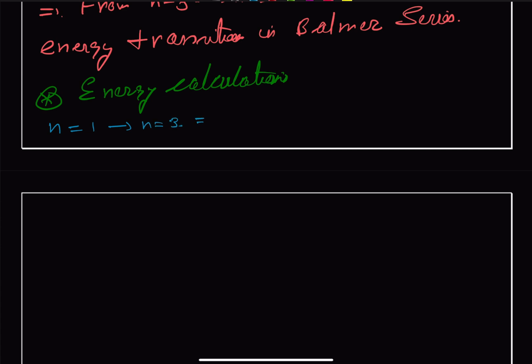Energy calculations. The energy difference, delta E, will be equal to 13.6 times 1 over 1 squared minus 1 upon 3 squared, and this will be approximately 12.09 electron volt.